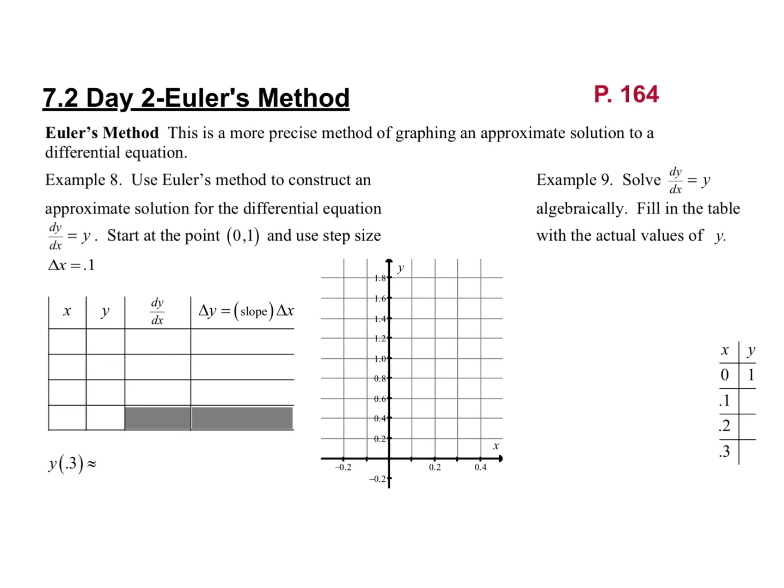Then on the right, in example 9, the problem is actually separable and able to be integrated, and so we'll find the exact value of what it actually is, and then on the left we'll do our approximation using Euler's method.